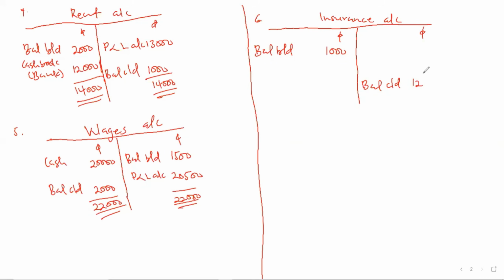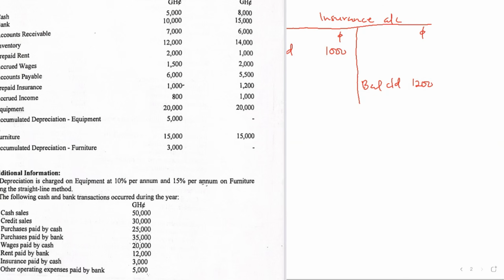Okay, so let's continue. Then cash will come here as 3,000.